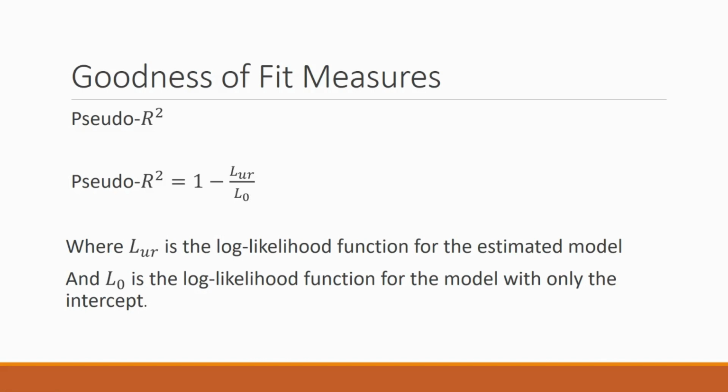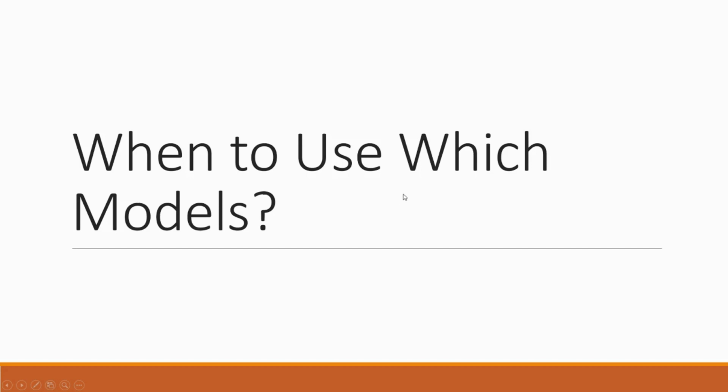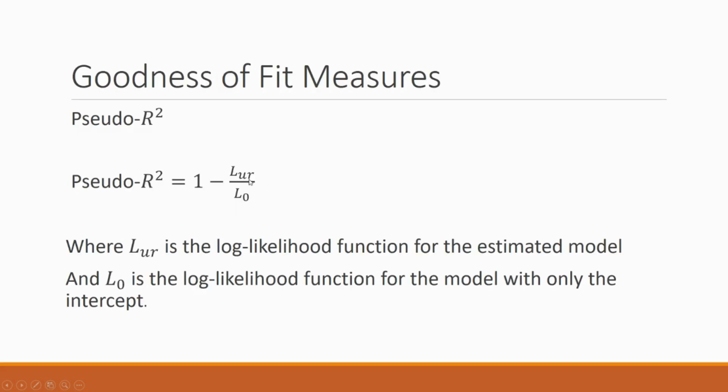We'll calculate this by hand in Stata in just a minute. And just real quick, this number is always going to be between 0 and 1. So it acts like an R-squared, where the closer it is to 1, the better, and the closer it is to 0, the worse.